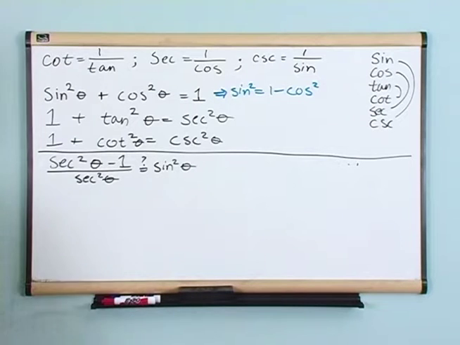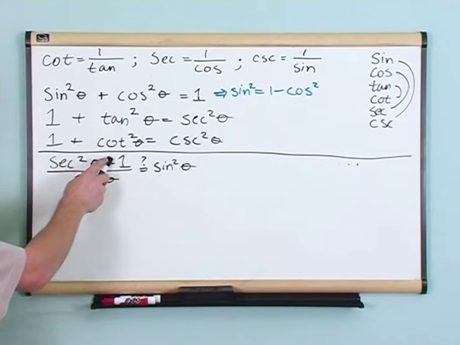Well, again, I've had a little bit more time to think about this problem than you guys have. In fact, I have them on my paper here. I've already thought about them, so I'm going to be a little bit ahead of probably where you are. But the first thing you should really look for is the fact that I have this secant squared minus 1.